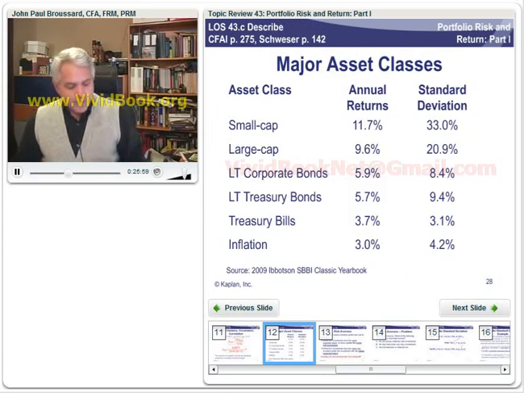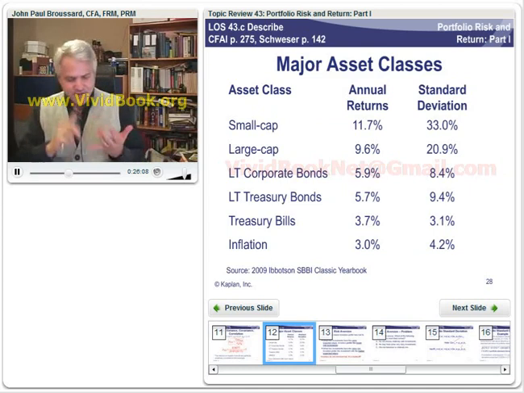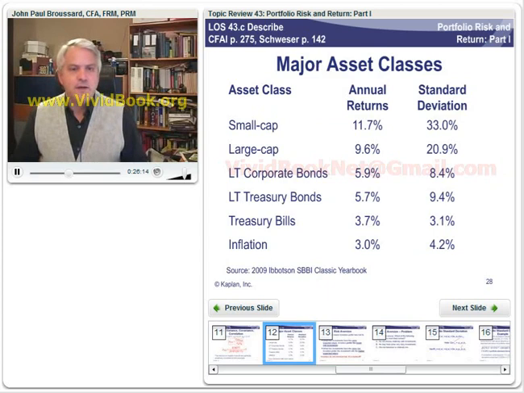So when we talk about portfolios, those are some basic concepts: the basic concept of return, and the basic concept of the mean, which indicates expected returns.